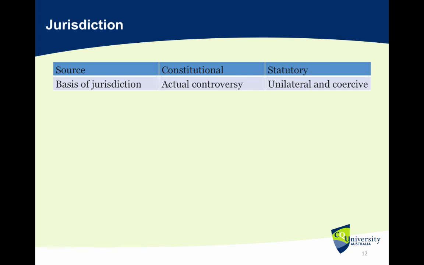In terms of jurisdiction, the source of jurisdiction of Chapter 3 courts is obviously constitutional, and that is Chapter 3 of the Constitution, whereas typically non-Chapter 3 courts are created on the basis of an Act of the Commonwealth Parliament, although the power of the Act of Parliament to create such tribunals emanates from the Constitution, in the sense that it must be authorized by Section 51, meaning it must be one of those subjects or heads of power under which the Commonwealth Parliament is able to act.